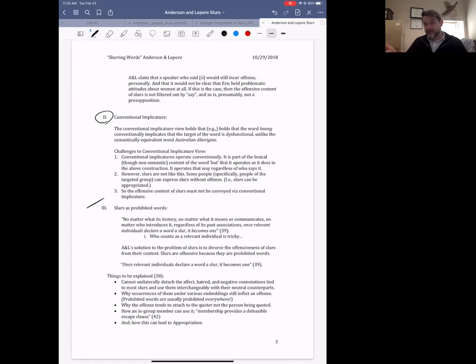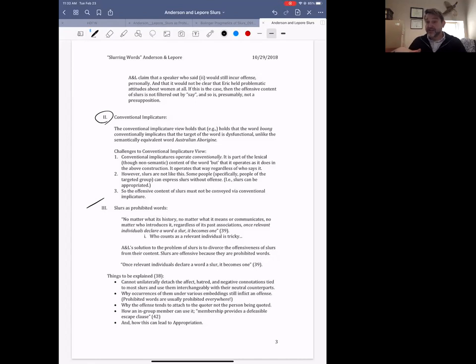This is my place to decide whether or not this thing is done. And yet you just ignore them, right? You ignore their own prohibitions on matters that are relevant to them. You overlook those and react in the way that you would have wanted anyway. That is the thought behind Anderson and Lepore's view, right?